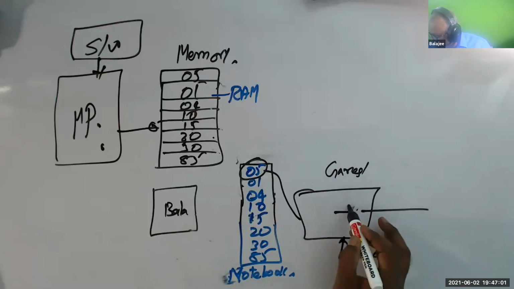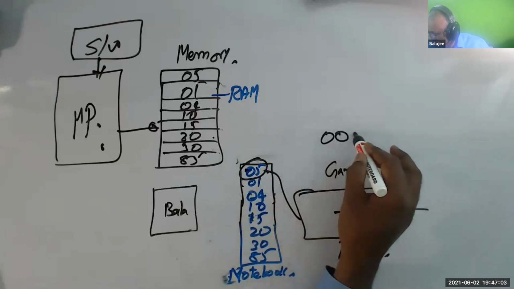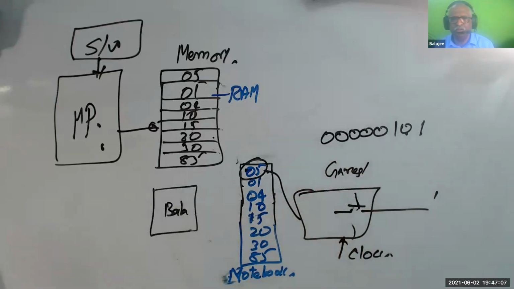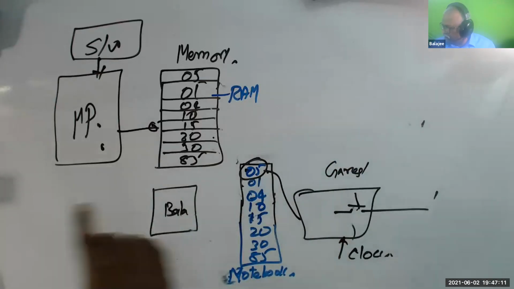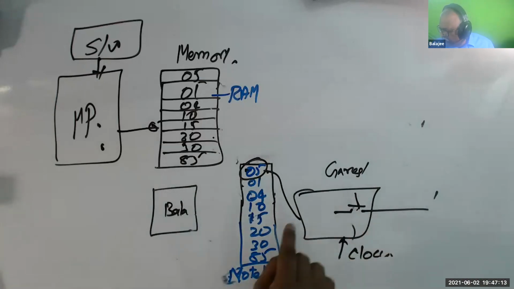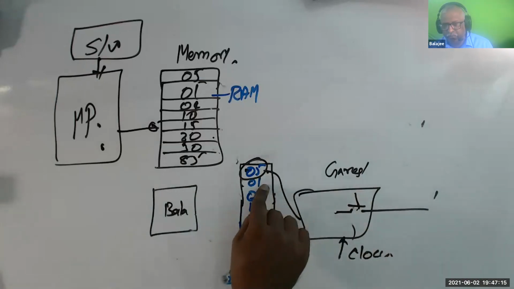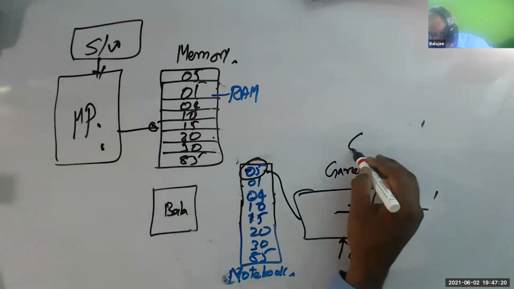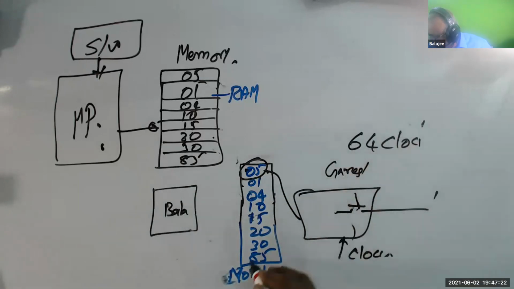He operated the switch. 05 is 0000, 0101. 1 means on, 0 means off. After sending the 8 data bits, Ganesh read the next one. Then he will send. So, Ganesh used 64 clocks to transmit this byte.